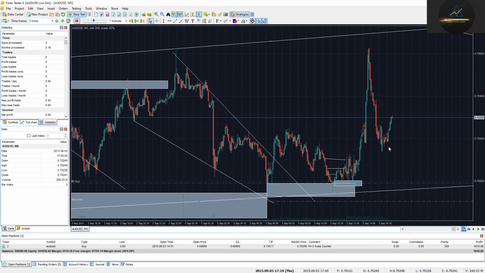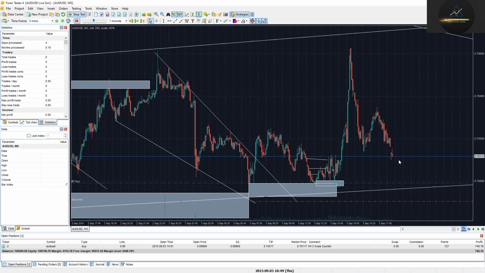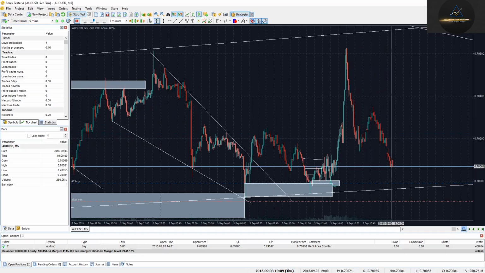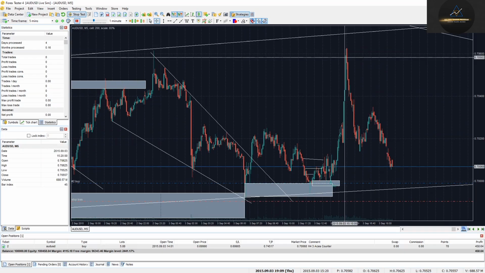We're close. Yeah, well. Okay, looks like it's gonna go all the way back to our entry point. Man, that was a really good profit. That was around 6R, wasn't it? Just when I wanted to take some profit.